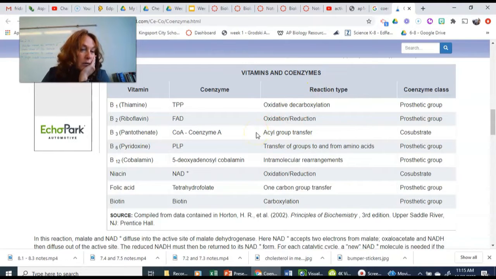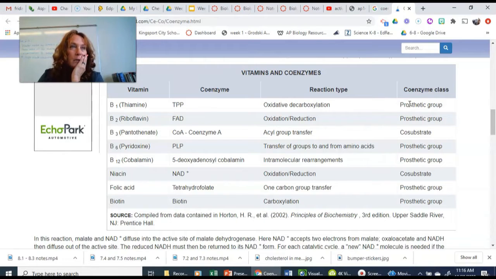So, did you know why you took vitamins? Did you just take them because somebody said they're good for you? Well, they are modified to become coenzymes. There's two types. Prosthetic group. Do you know what that word means? Prosthetic.